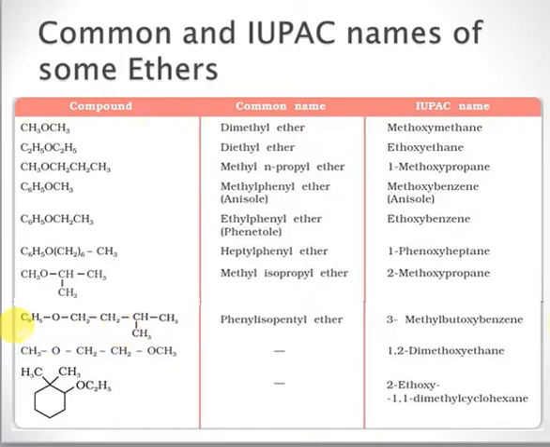Right, so here we have another structure. We have a benzene ring, so we have a phenyl, and then we have 1, 2, 3, 4, 5. So we have a 5 carbon chain, and this 5 carbon chain is isopentyl.